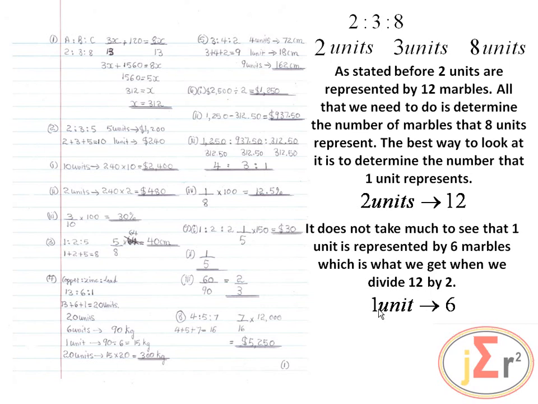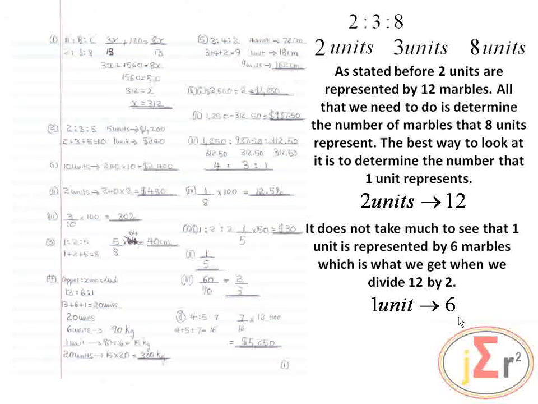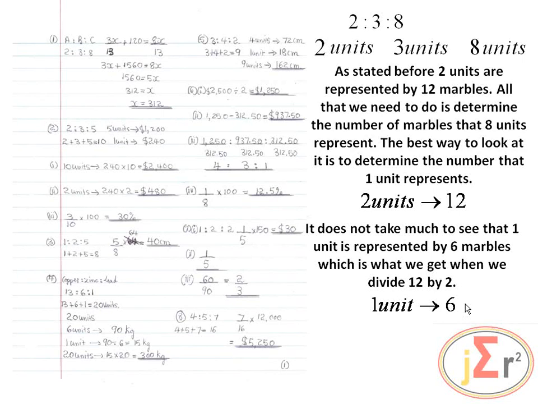So 2 units will be represented by 12. Not difficult to see that 1 unit is represented by 6 marbles. And as the tutorial goes along, some other steps will be made clearer, because we will take a more detailed look at the problems that we are about to solve.